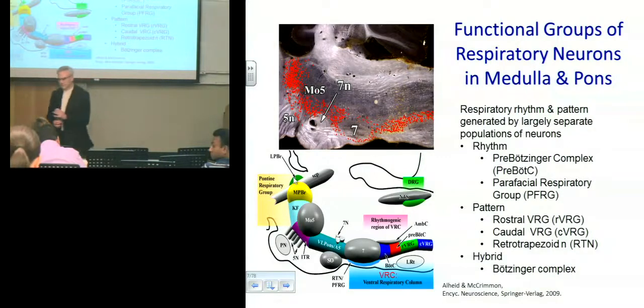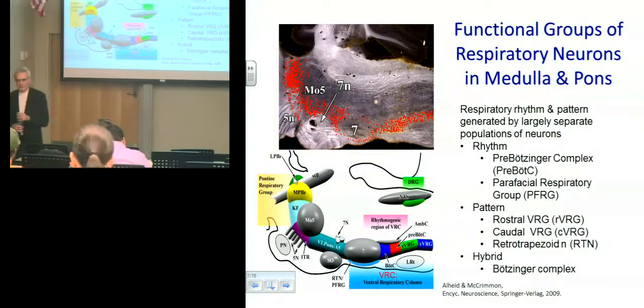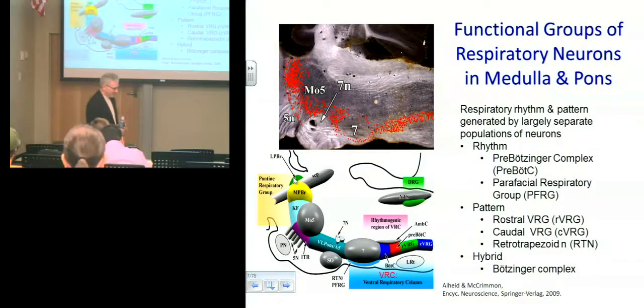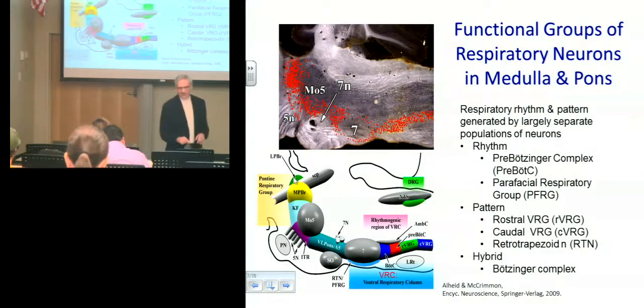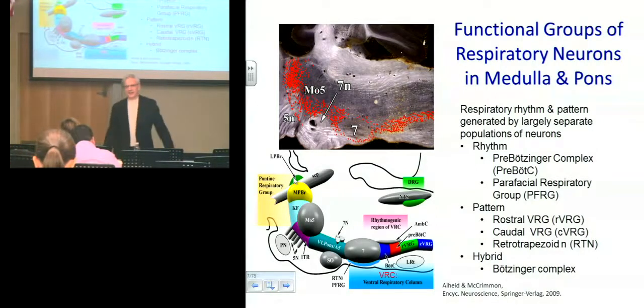Which part of the VRC column is most densely innervated by cortical inputs? There isn't a lot of data on that either. So Bruce Kneil, many years ago, did some retrograde tracing and stuff. And there's just not a lot of detail on that.